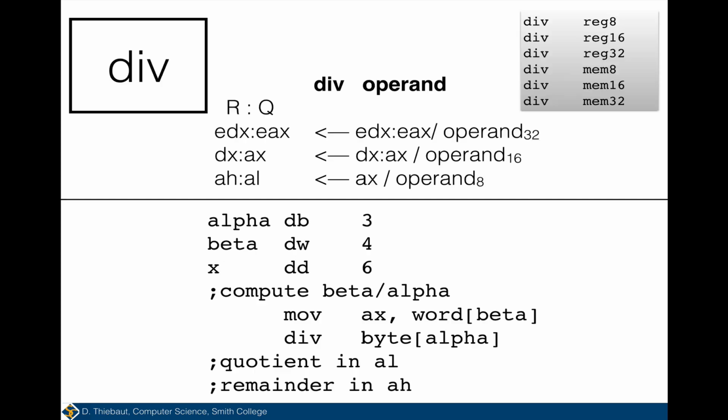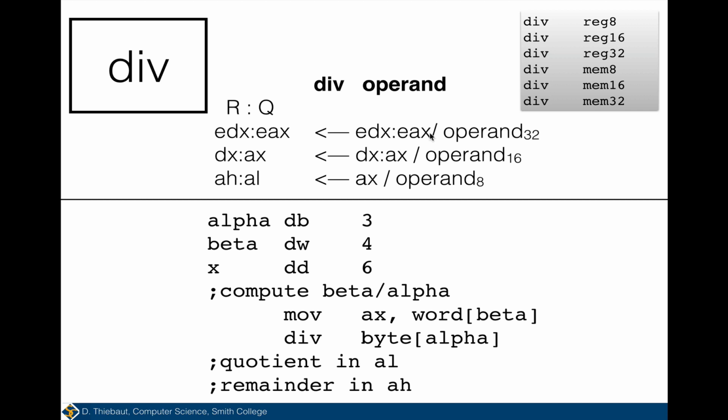All right, so the div instruction works the opposite of MUL. So what is true with MUL is true with div. If you want to divide something by 32 bits, it better be 64 bits so that you can get a 32-bit quotient and remainder.